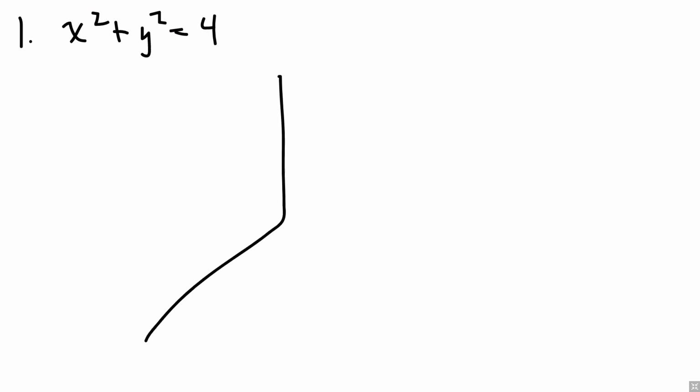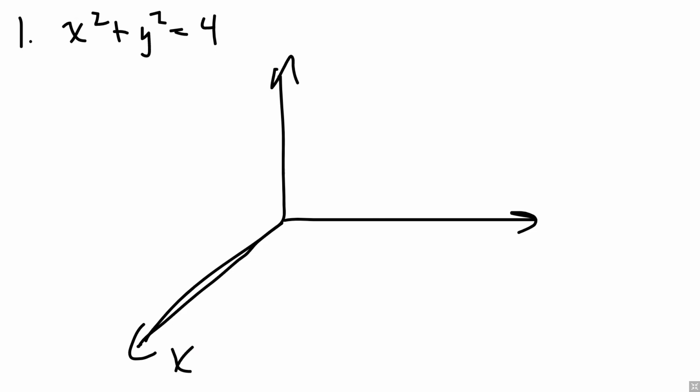So the first problem that we had was x squared plus y squared equals 4. If we think about this particular problem, we basically are going to have a circle in the xy plane.